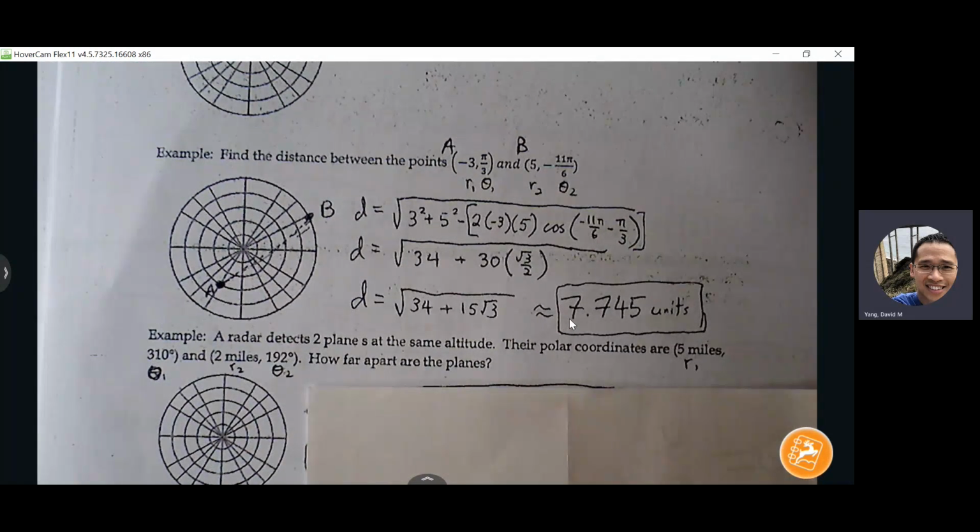Okay, the last example on page 6, same process. The only adjustment we have to make is what? Put the calculator in degree mode, yeah. But same process. I'll call the first point R1 theta 1.